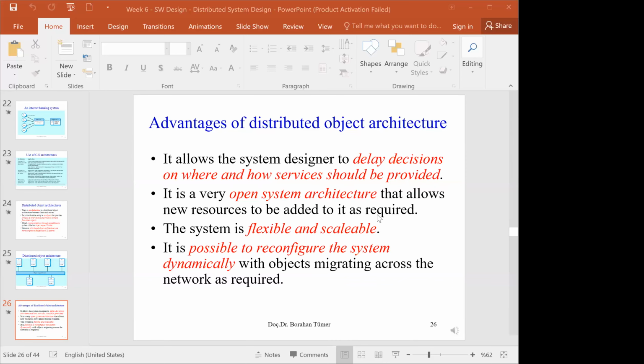So it is not necessary to stop the system or to pause the system. The nodes can be easily added, and that makes up the flexibility and scalability of the distributed object architecture.